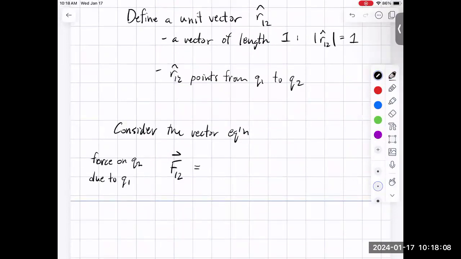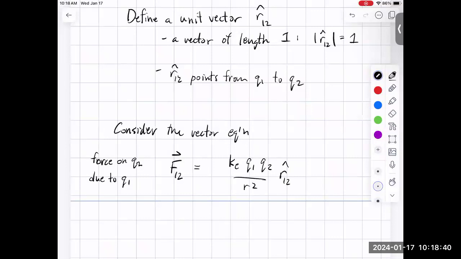And we're going to write it as Coulomb's constant, the product of charges divided by the distance squared. That's the magnitude part. That's what we had last class. And now the thing that we're going to add is just the unit vector. Multiplying by the unit vector doesn't change the strength of the force at all, because the unit vector has a length of 1. All it does is specify the direction.